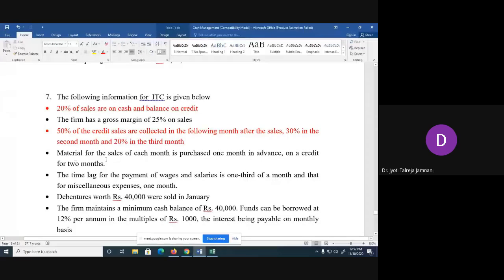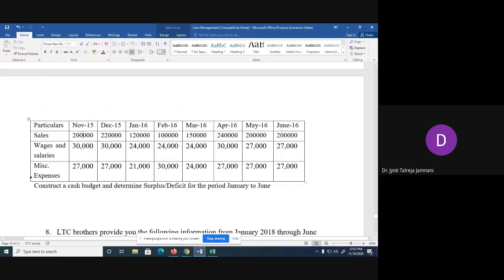Then material for sales of each month is purchased 1 month in advance on a credit for 2 months. So now we'll talk about the purchases. Now if you just look at the table, have they given purchases anywhere? No, they've not given it anywhere because the value is not there in the question.